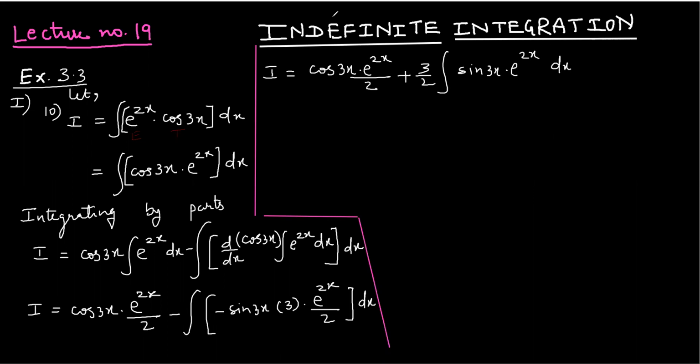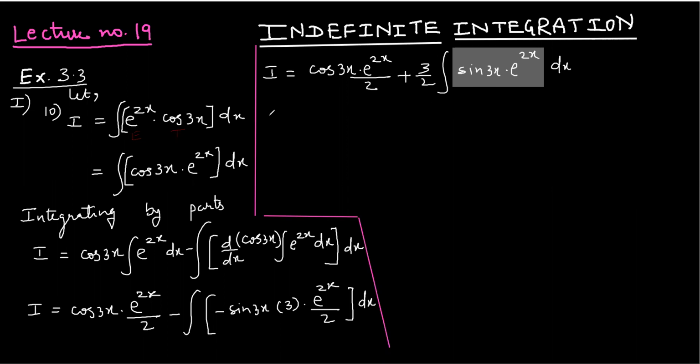And I notice that I'm getting the integration of sine 3x into e raised to 2x, which is once again integration by parts. I'm going to apply integration by parts once again. This time we will have to be more careful because outside we have a constant 3 by 2 multiplied. So this 3 by 2 will be a constant multiplied to everything that you get when you apply the integration by parts.